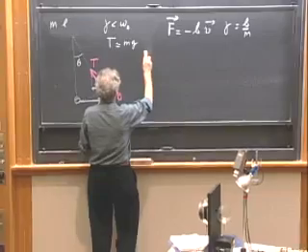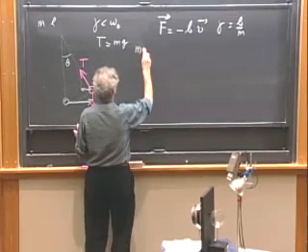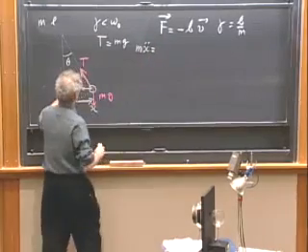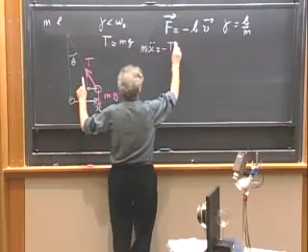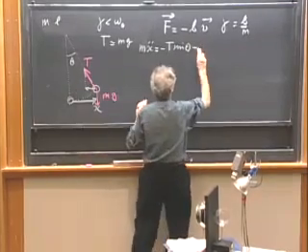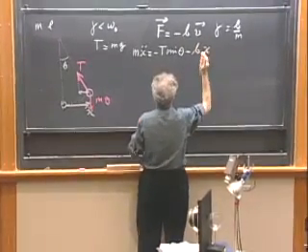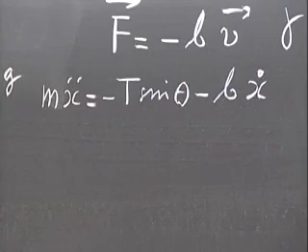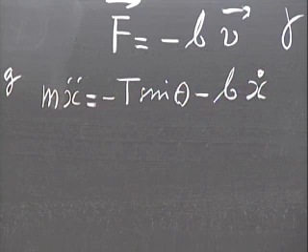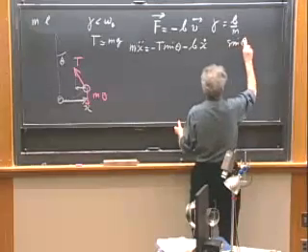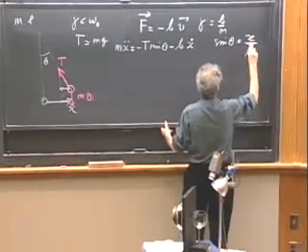So the differential equation then, in terms of Newton's second law, becomes m x double dot equals minus T times the sine of theta minus B times x dot. That's the damping, and this is the restoring force due to the tension in the string. And the sine of theta is x divided by L.